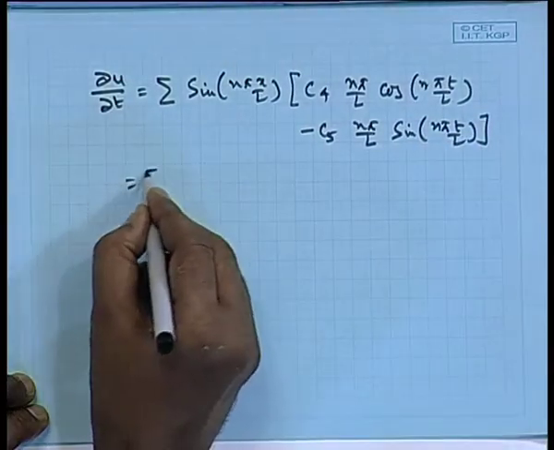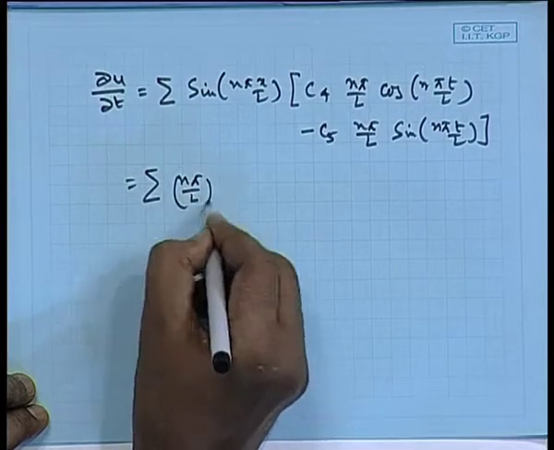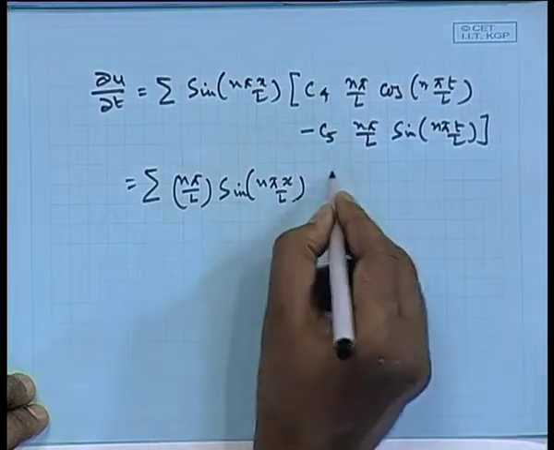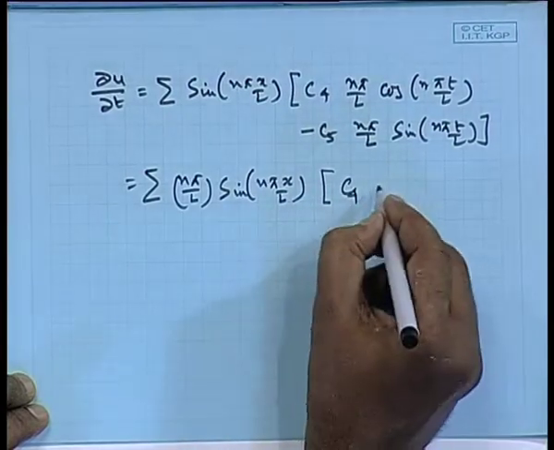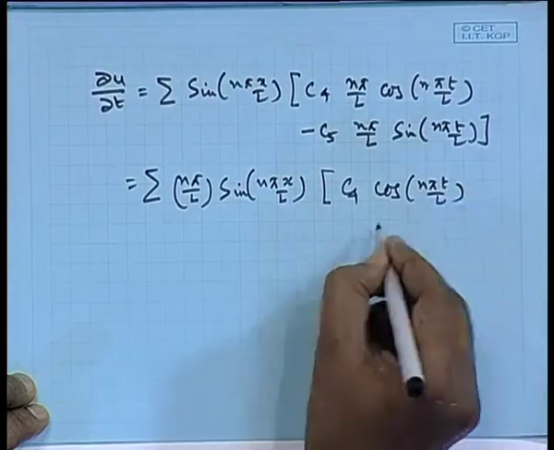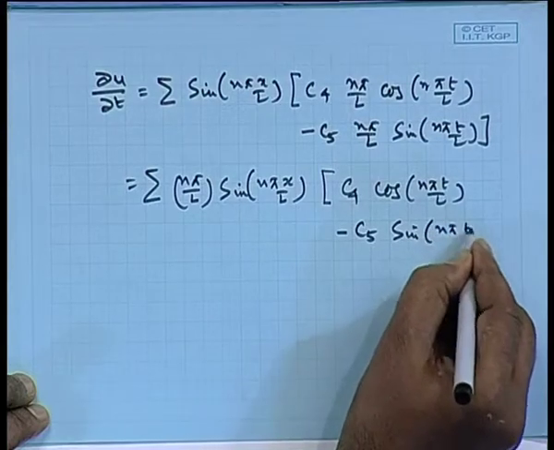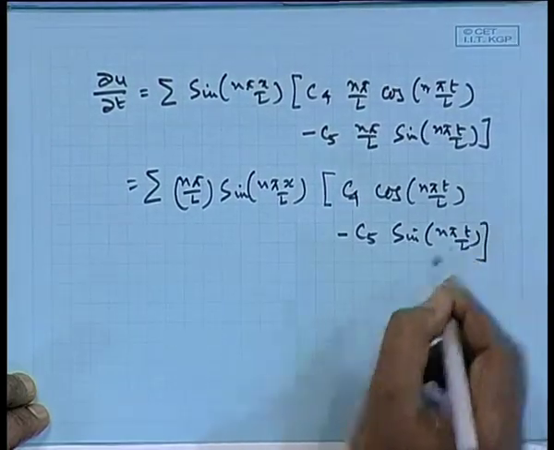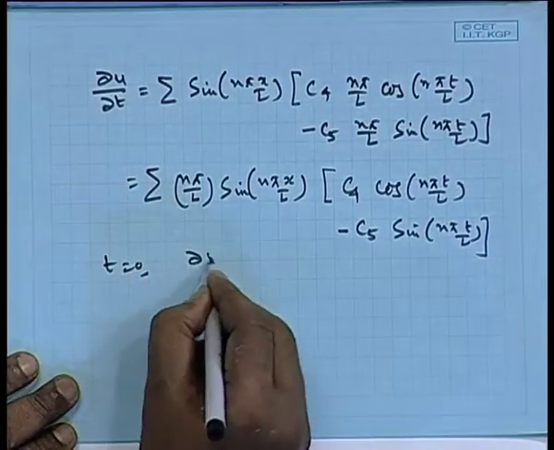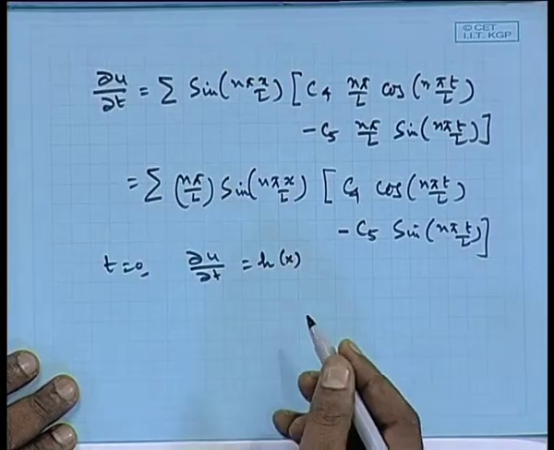So, it will be basically summation, n pi by L is common, sin n pi x by L is common, C 4 cosine n pi t by L minus C 5 sin n pi t by L, right. And the condition at t equal to 0, your del u del t was some function of x, let us say h x.